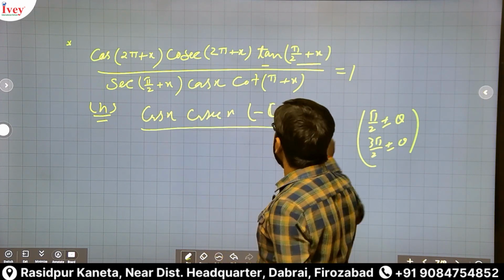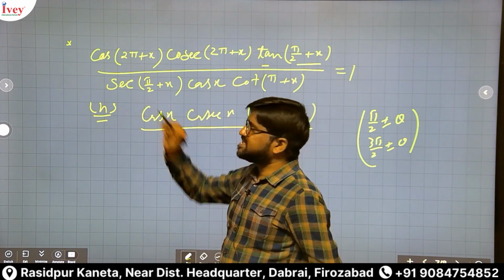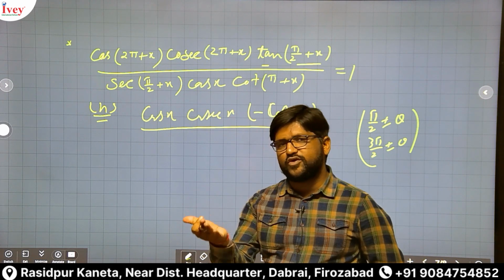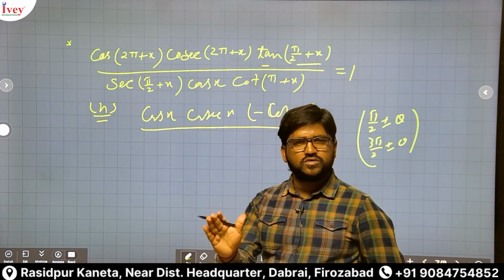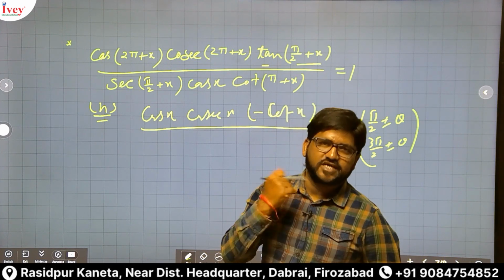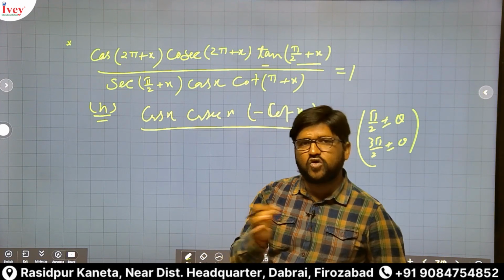Now what is in the denominator? It is sec(π/2 + x). Again we are going beyond the angle π/2. This means we are going to land on the second quadrant, and in the second quadrant sine and cosec are positive.